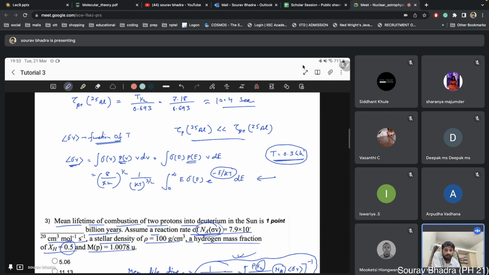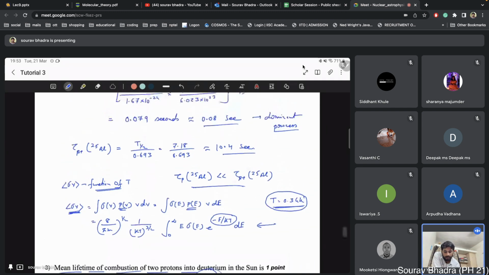If your T is not 0.3 GK, suppose it is some million Kelvin, then your sigma v will be different from the sigma v you have used in this particular problem.